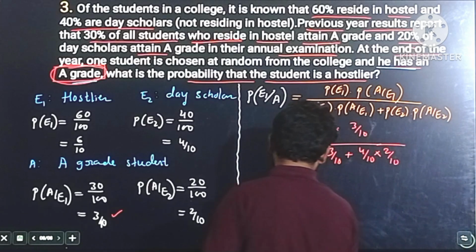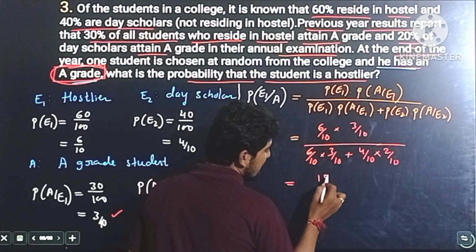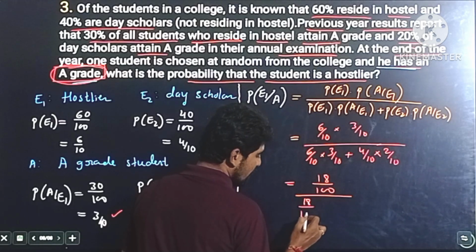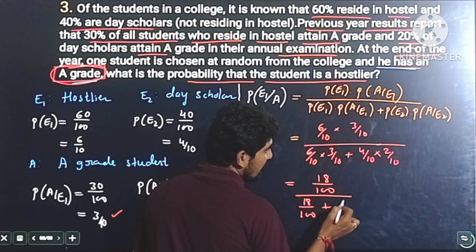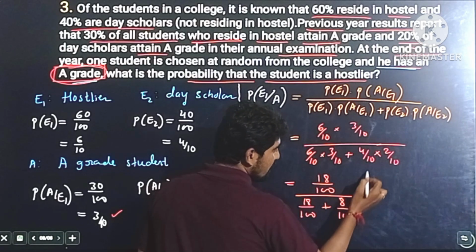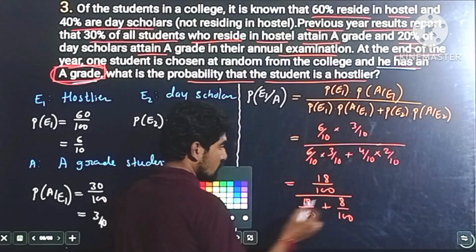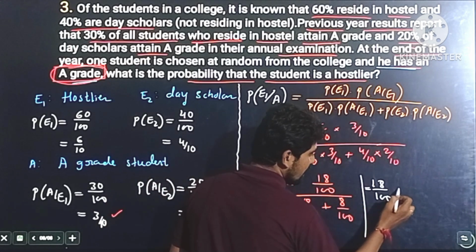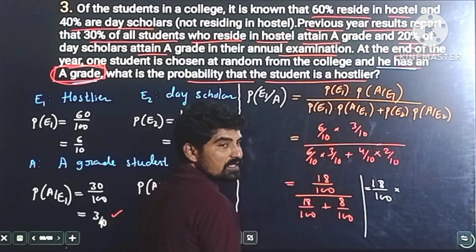Now this equals 6 times 3 is 18 divided by 100, whole divided by 18 divided by 100 plus 8 divided by 100. Therefore this equals 18 divided by 100 over 18 plus 8, that is 26.